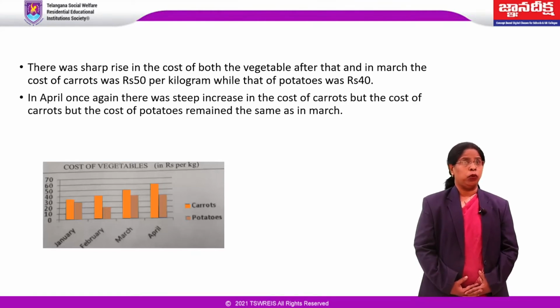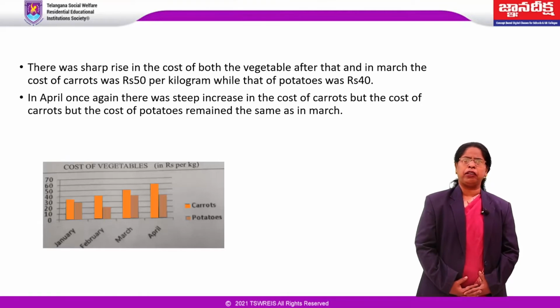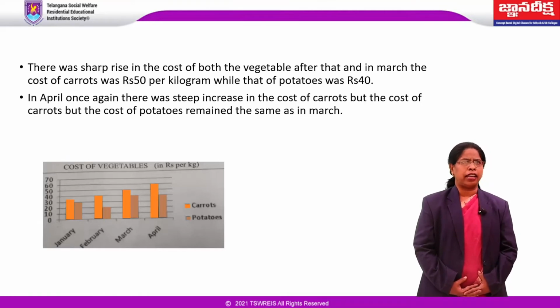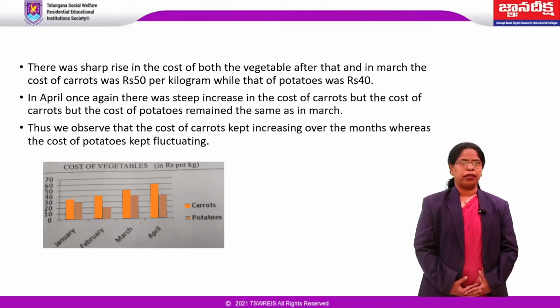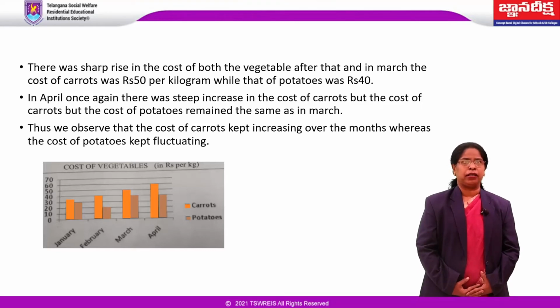In April, once again, there was a steep increase in the cost of carrots, but the cost of potatoes remained the same as in March. Thus, we observe that the cost of carrots kept increasing over the months whereas the cost of potatoes kept fluctuating. You can make out the difference between the carrots and the potatoes, the cost from month to month, from January to April.